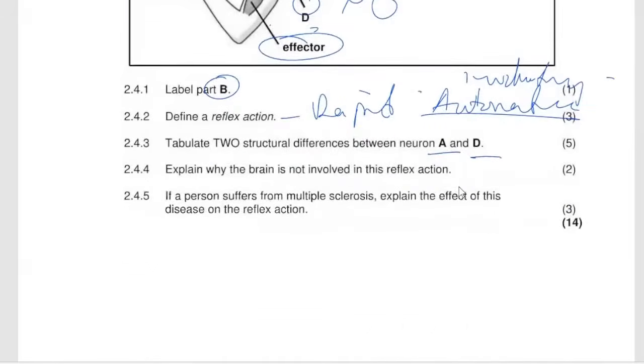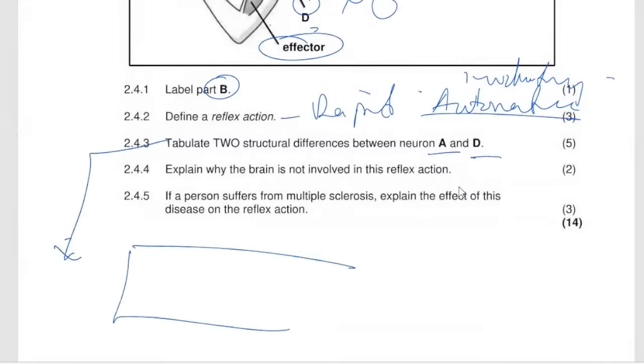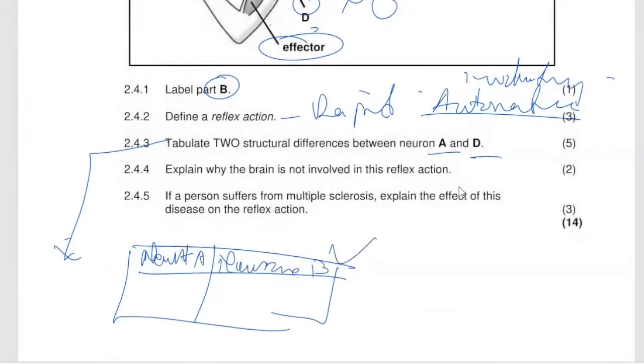So if they ask you such a question, make sure that before you think anything else, draw a table, and in this table you write neuron A, and then neuron B. Once you do that, you get 1 mark, and then you go look for the other 4 marks by looking at the differences between the two.